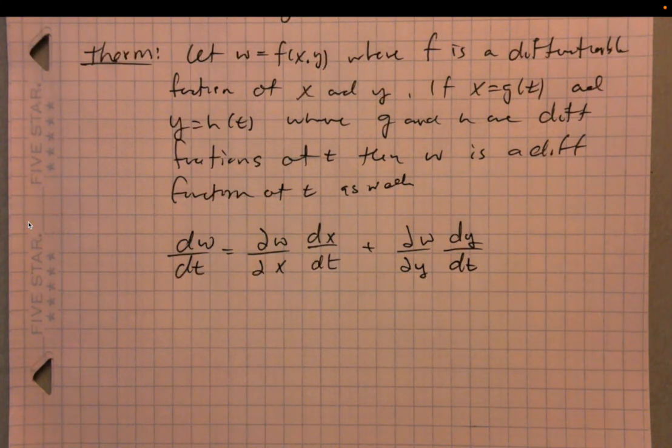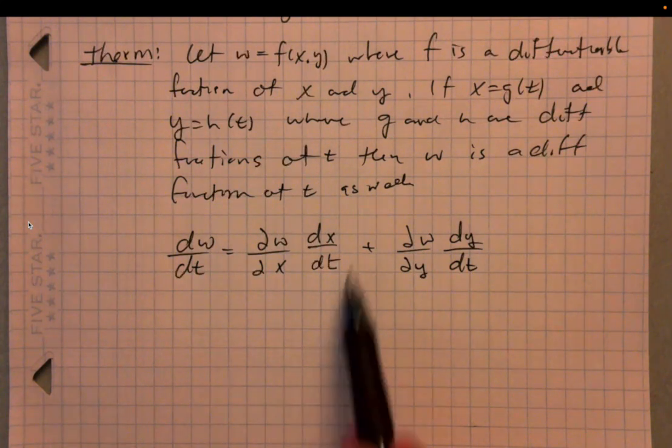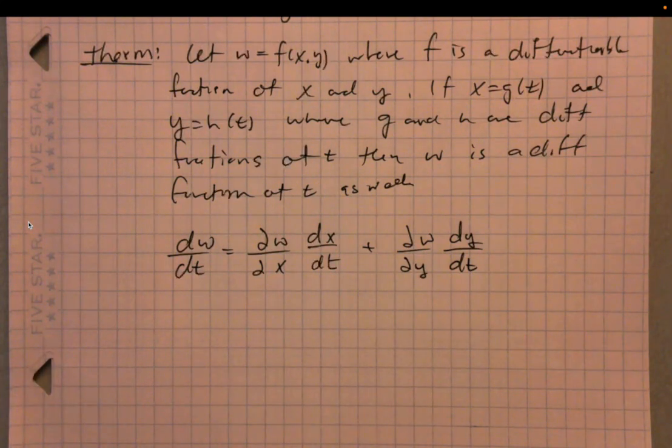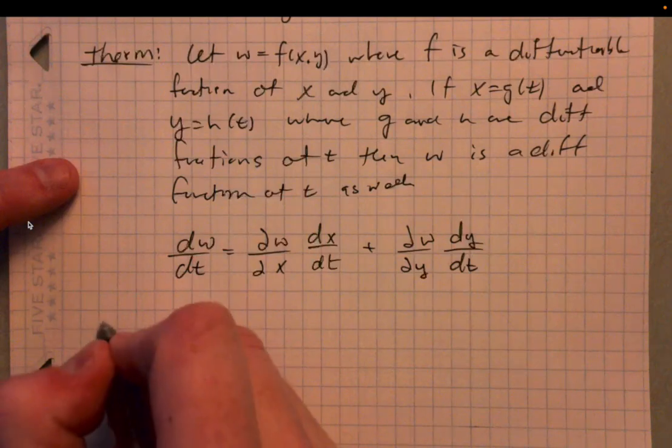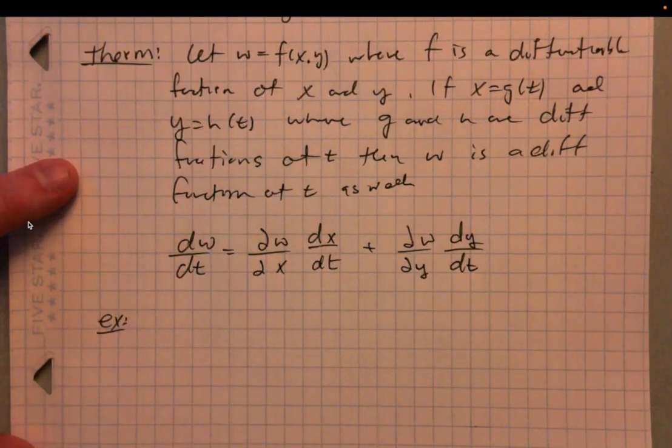So it's kind of like the outside function times the inside function plus the outside function times the inside function. Very similar to the previous chain rule, but here we're talking about partial derivatives, and as such, there'll be this sum operation.